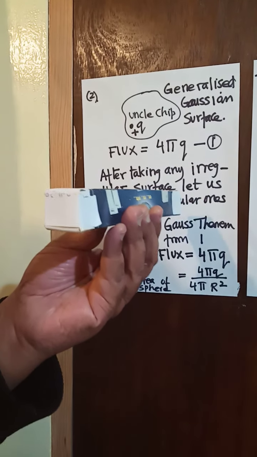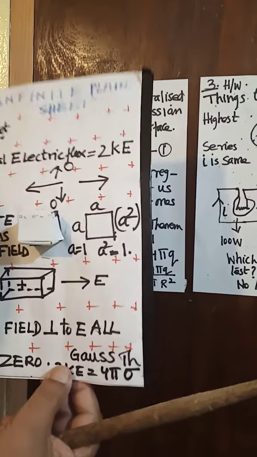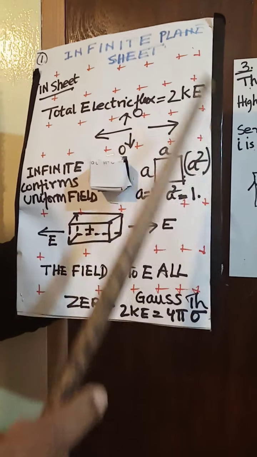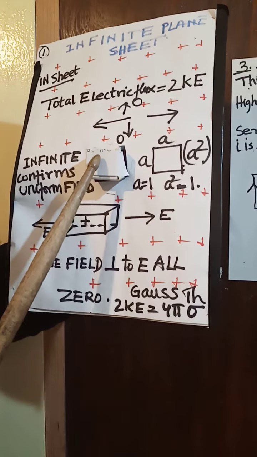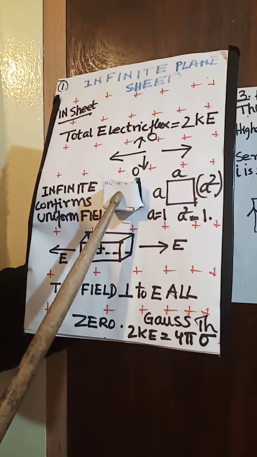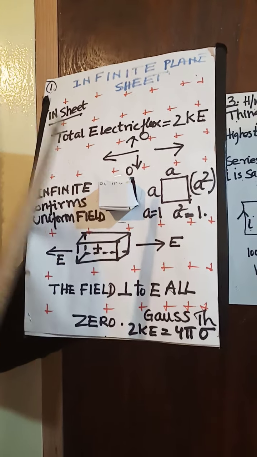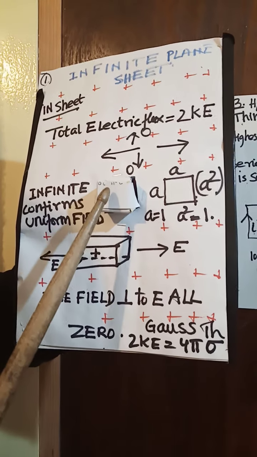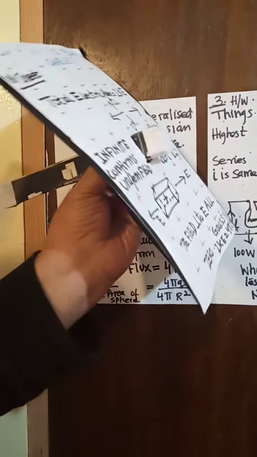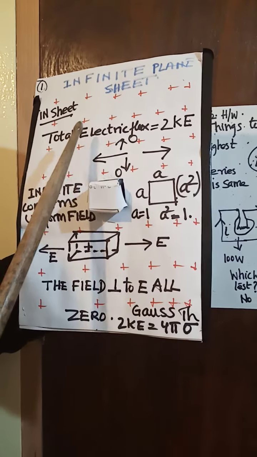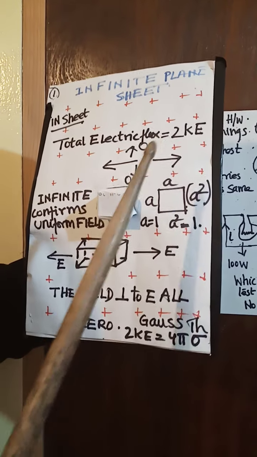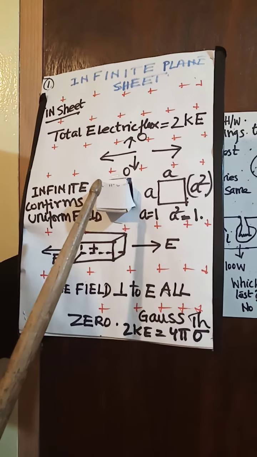So what we do here now is, see, this is the electric charges, and what will be the charge here? The charge here will be the charge per unit area, which is sigma. So sigma charge is inside this quotient surface. So now what will be the total electric flux? The total electric flux we'll have to draw like this.